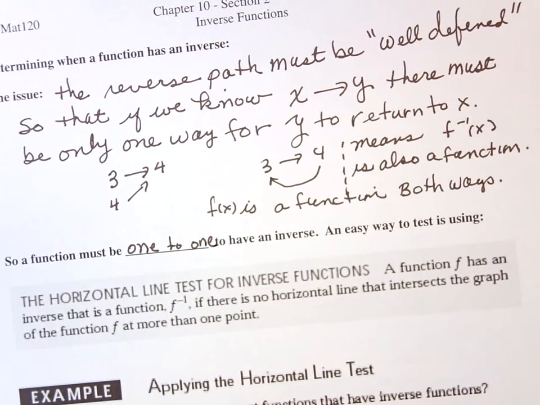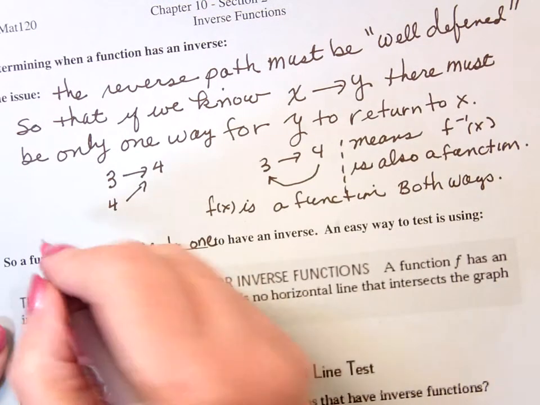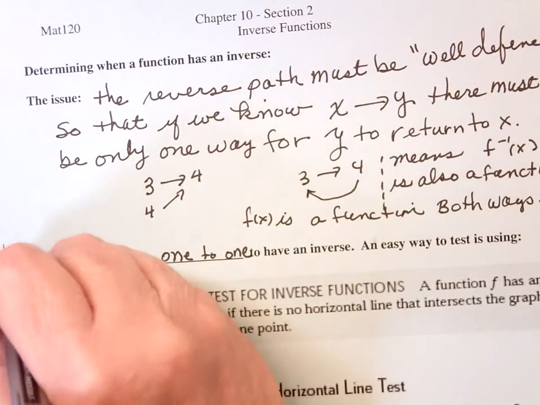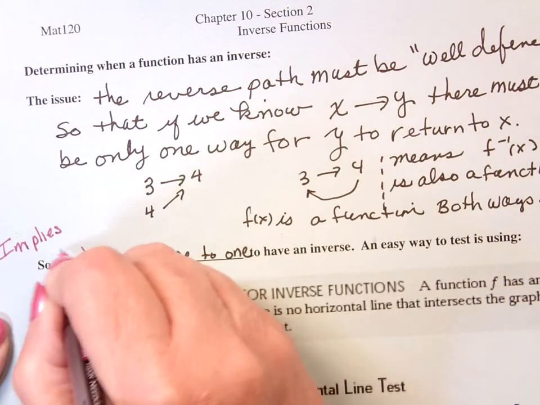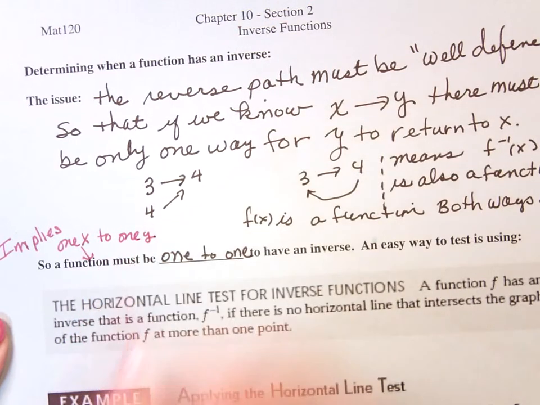Now, we used to get into these arguments over at ASU when I was teaching over there with the teaching assistants who'd say, what do you mean? Isn't this redundant? A function is 1 to 1. And now you're saying, well, a function must be 1 to 1. Well, here's what it implies. A function implies 1x to 1y.